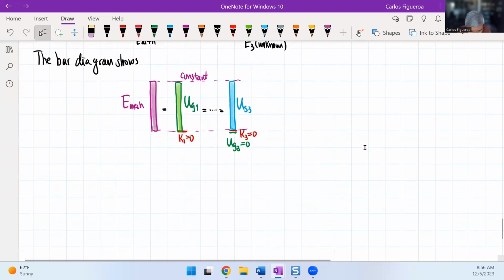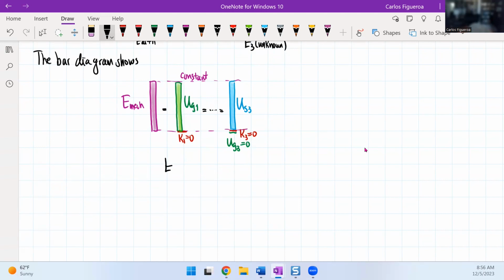So now I can apply conservation of mechanical energy. The mechanical energy at 1 must equal the mechanical energy at 3. From my diagram, I could write K1, but I really didn't need to, because we already see picture-wise that this is 0.